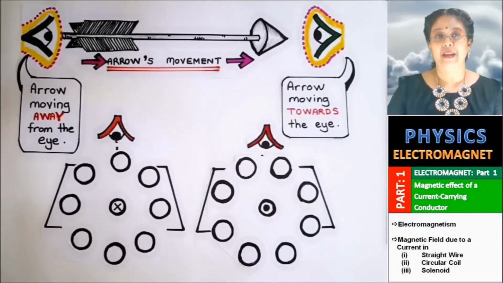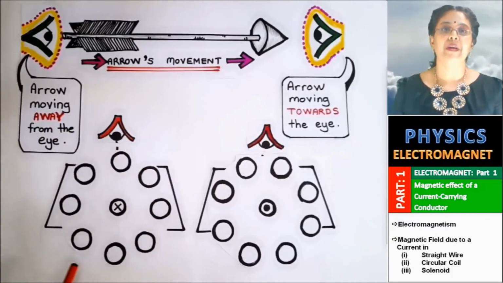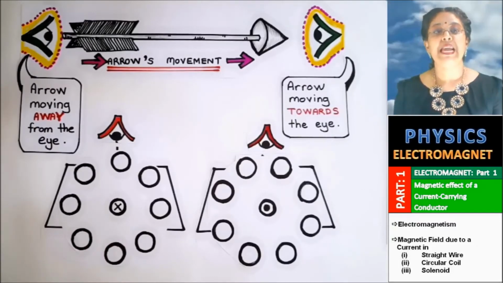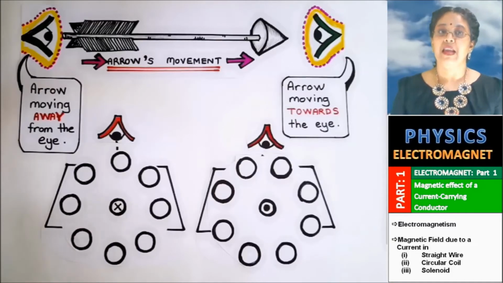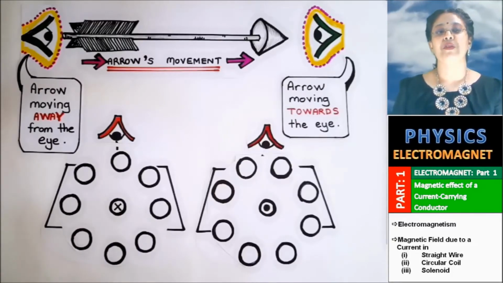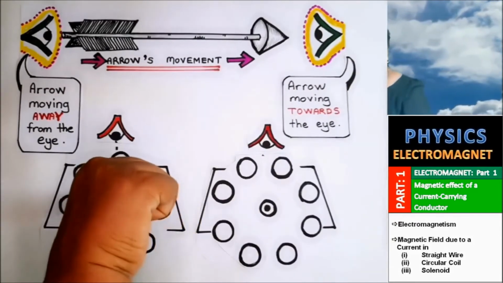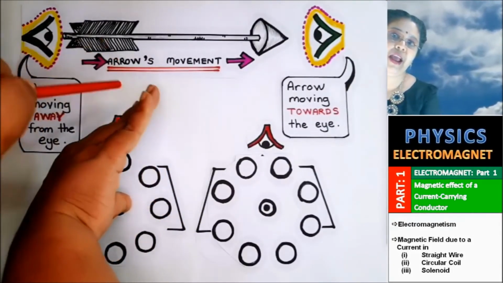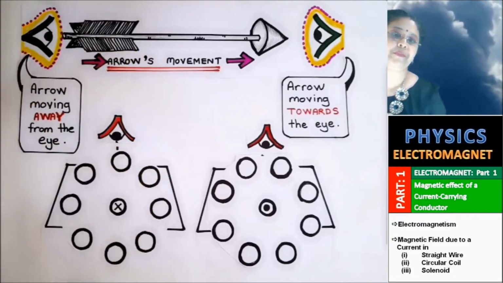Let's apply them using the right hand grip rule. In the first diagram, the cross shows that the current is going into the plain paper. The thumb is pointing in the direction of the current, which is into the paper. And as you can see, straight, and when I curl up, it goes from top to bottom.